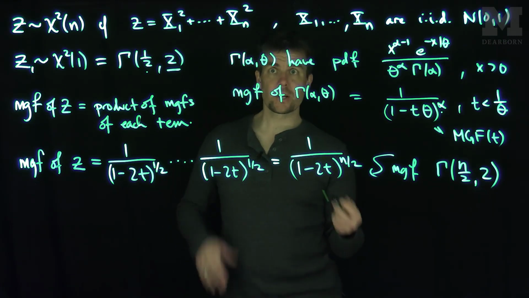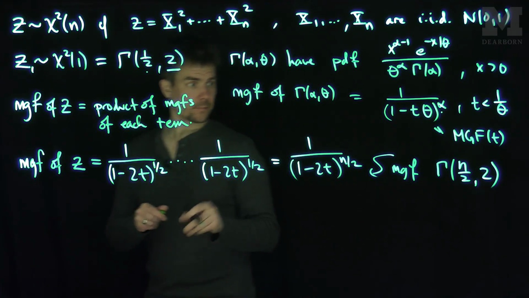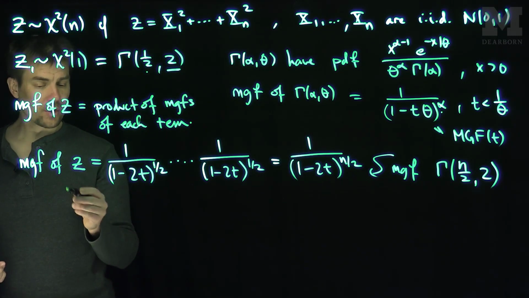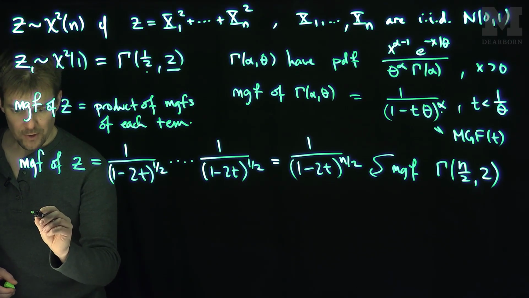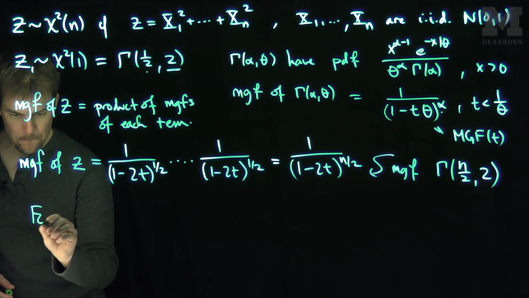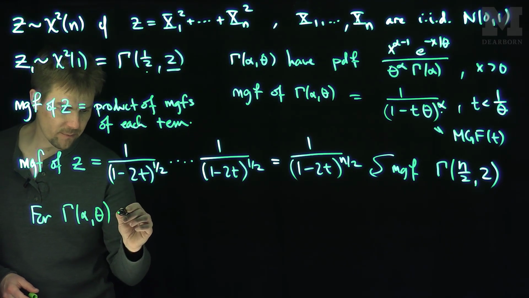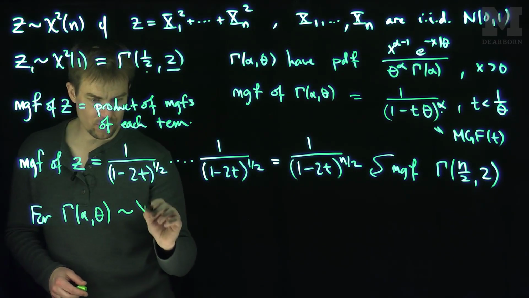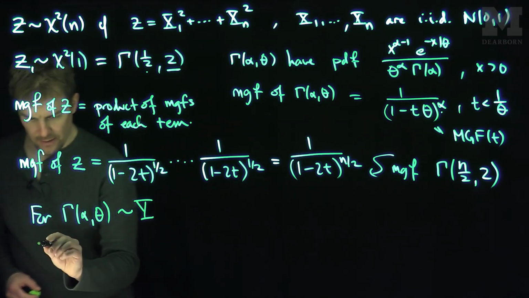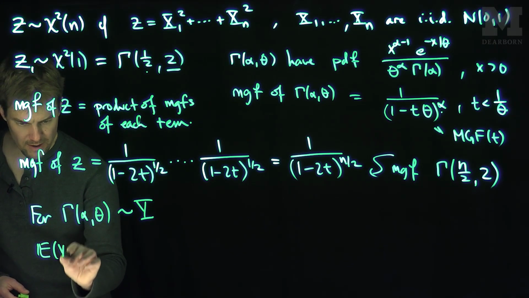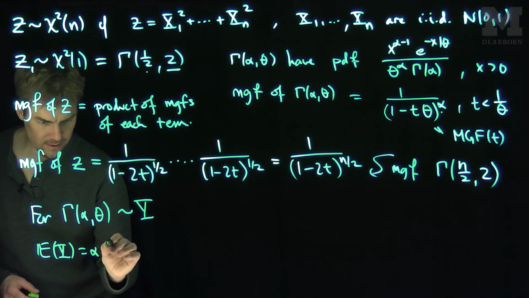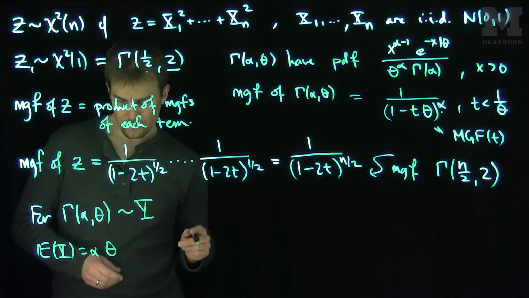So from this we can actually get lots of results about these chi-squareds. In particular, we know the following. For gamma alpha theta, if we have a random variable in this class, let's say that random variable is Y, then we know the expected value of Y is alpha times theta.